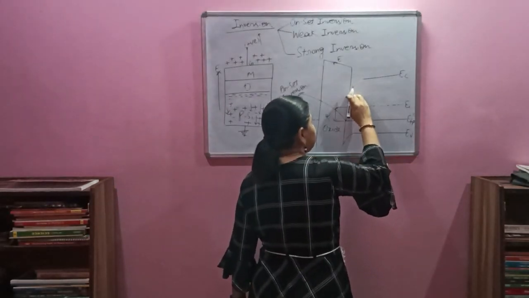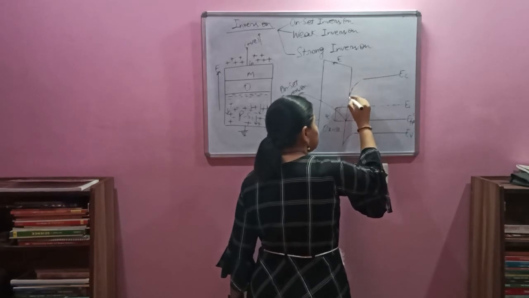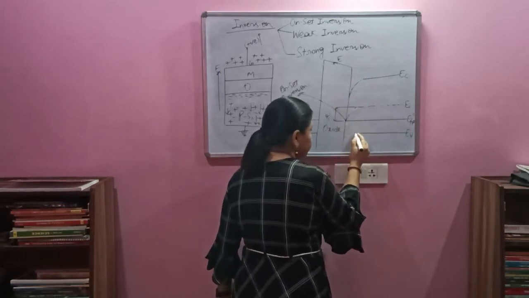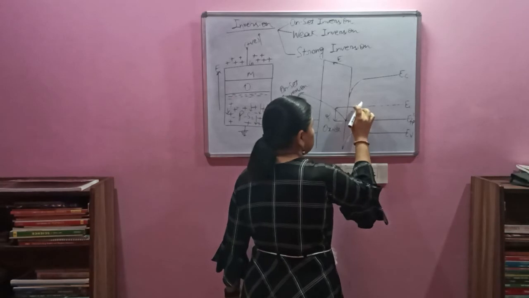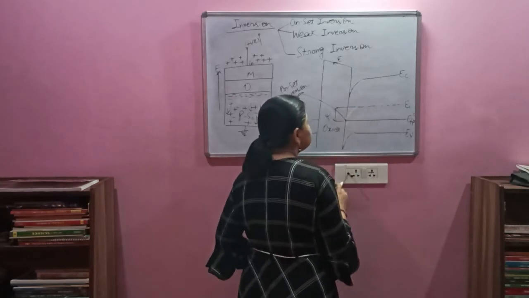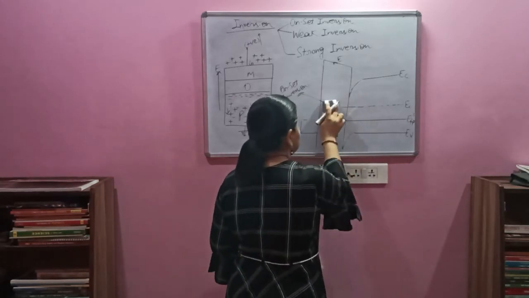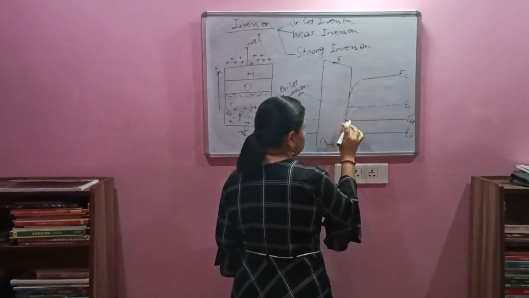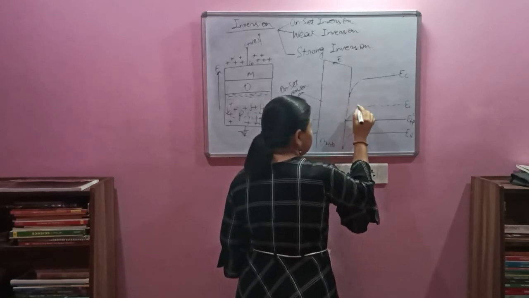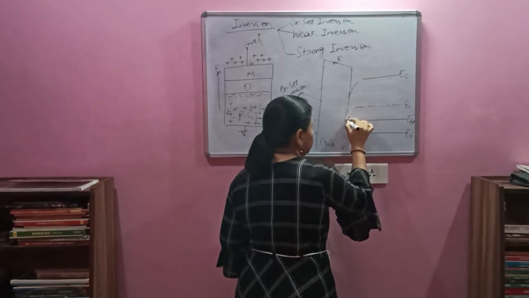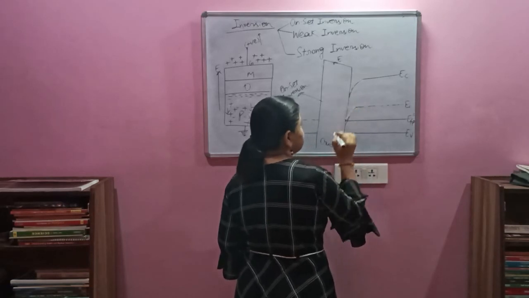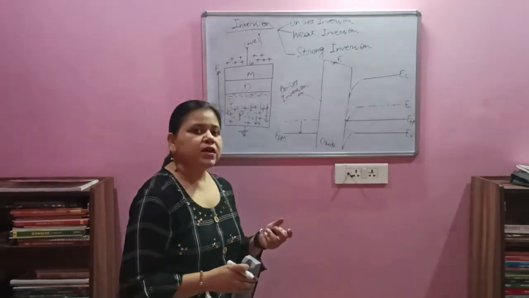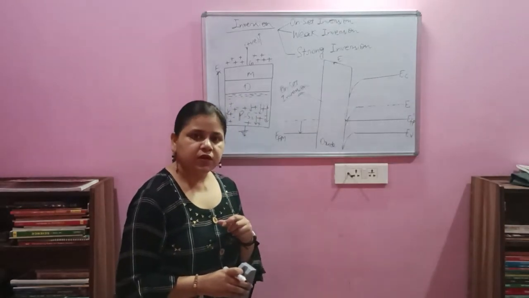This bending will be a little more, it will become more steep. And what will this result in? Now the bending of the intrinsic level will be somewhat this much, meaning it has crossed the Fermi level.